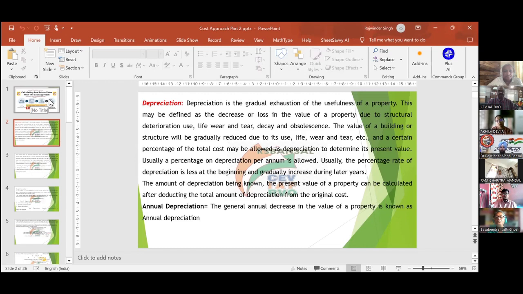So you cannot say that each and every building has the same life. So it is to be assessed from your site inspection. You have to assess the physical condition of the existing building on which you are doing the valuation.